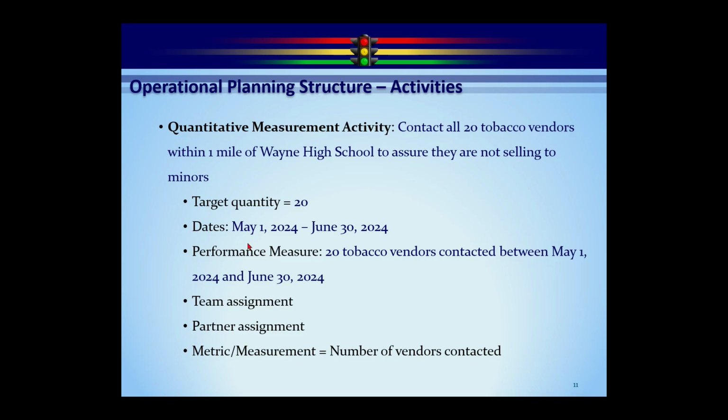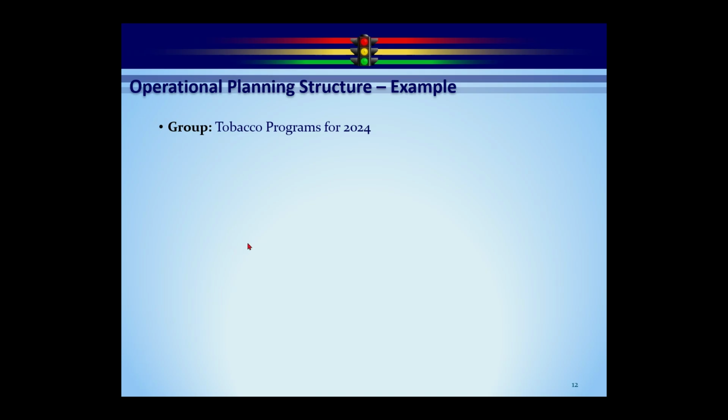Now, pretty much at the bottom of every one of these screens, you've seen the activities from the tobacco program. What I'm going to do now is kind of put those in order so you can see how the plan lays out. So the group was tobacco programs for 2024. Underneath that, one of the services was tobacco cessation, or in this case, we marked it as an initiative.